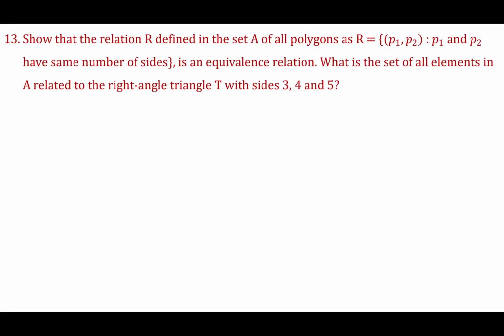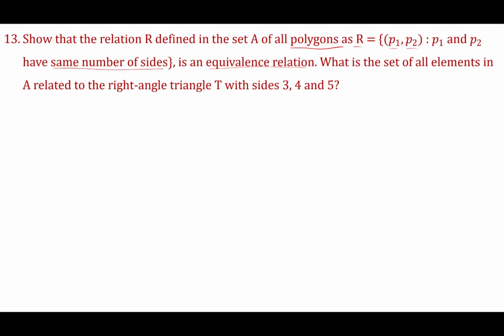Question 13. Show that the given relation R defined in set A of all polygons as R equals (P1, P2), polygon 1 and polygon 2, such that P1 and P2 have the same number of sides, is an equivalence relation. So we have to prove that the given relation R is an equivalence relation.